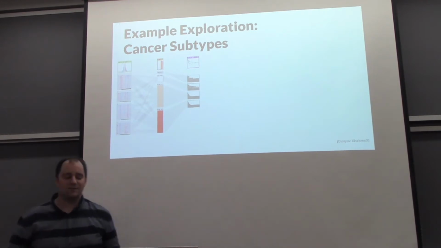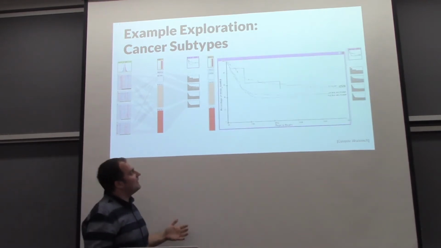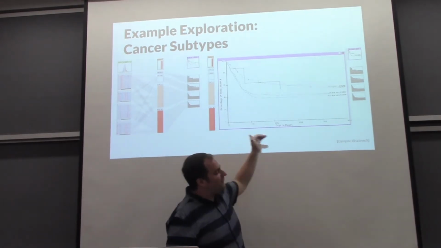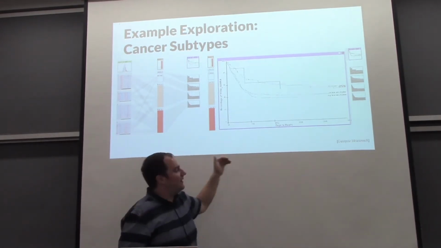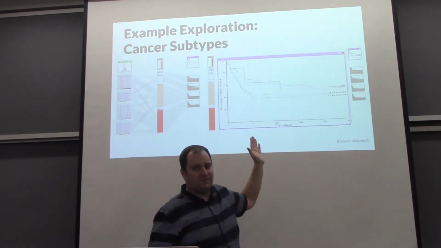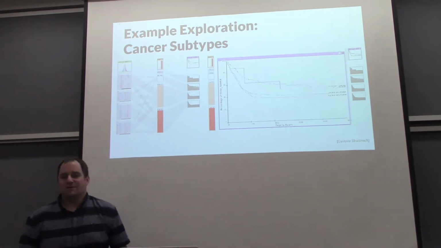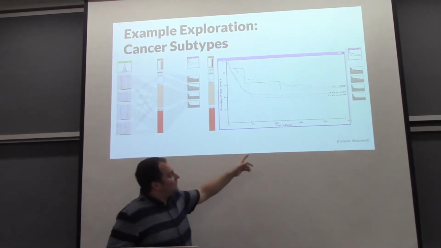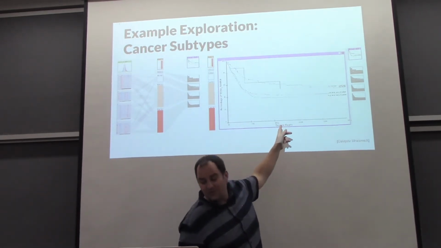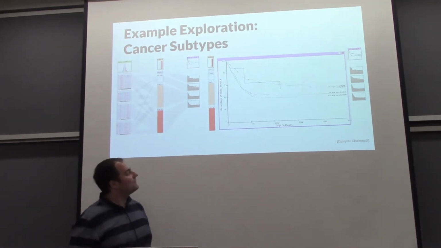So these are the kinds of things that doctors want to ask. And then you can explore and look at more detail. And now here, this is a curve of survival times. On X we have time, on Y we have the percentage of patients that are still alive at a given time. So this is not a very nice curve. As you know, glioblastoma is not a nice cancer, so after about 2 years, more than 50% of the patients are dead here. But we can see quite important differences.